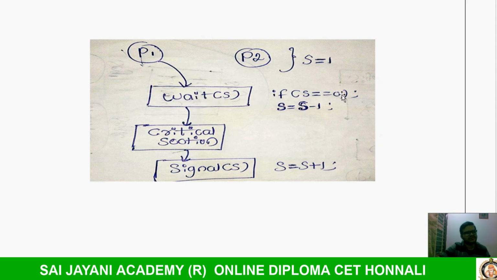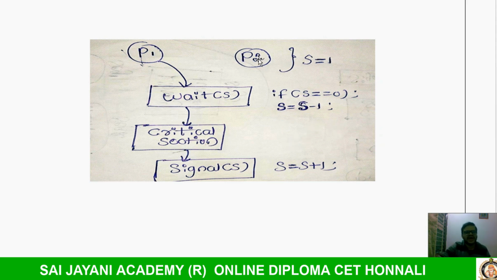If the semaphore value is equal to 0, then process P1 will not enter into the critical section. But the semaphore value is 1, so it will easily enter into the critical section, and the semaphore value becomes 0. Before, the semaphore value is equal to 1. Now the semaphore value is equal to 0.